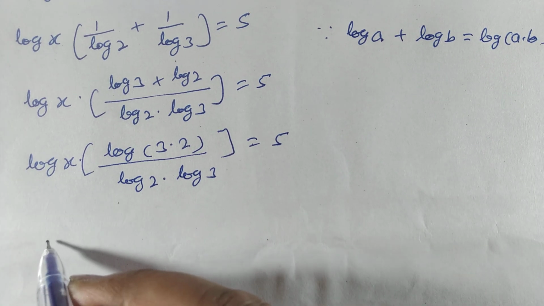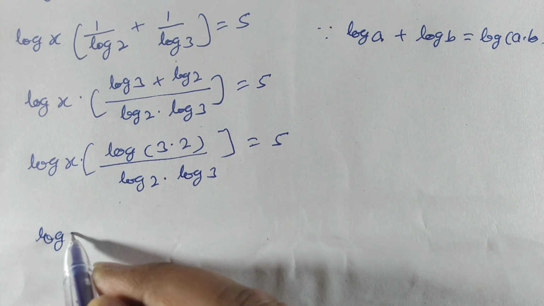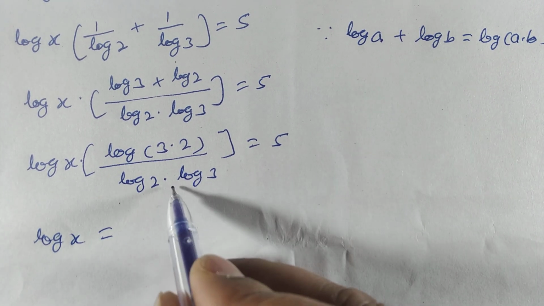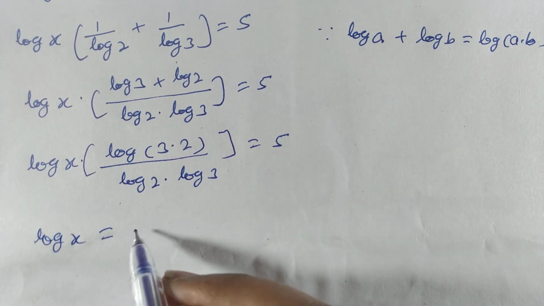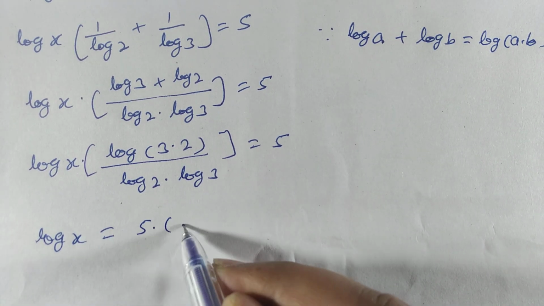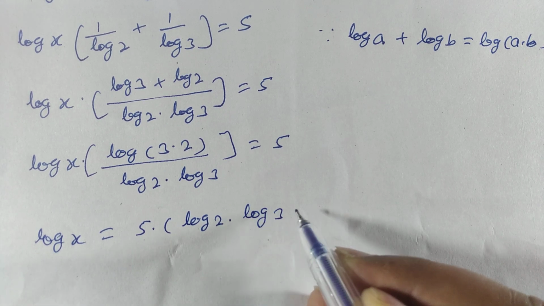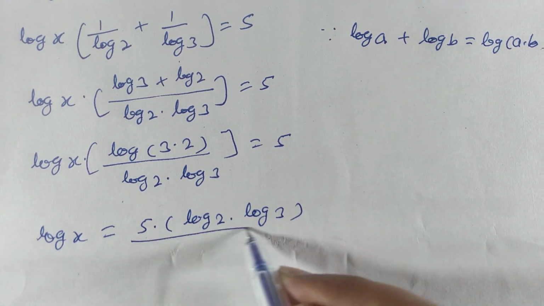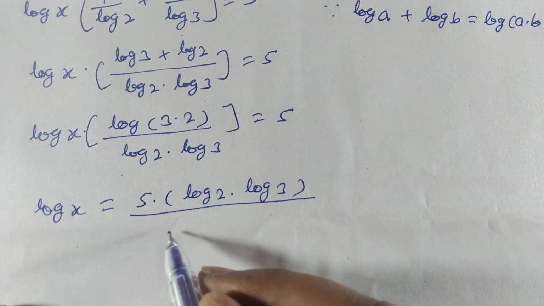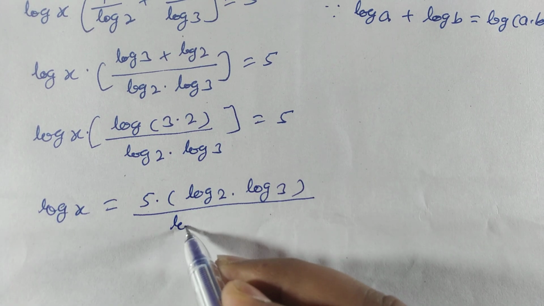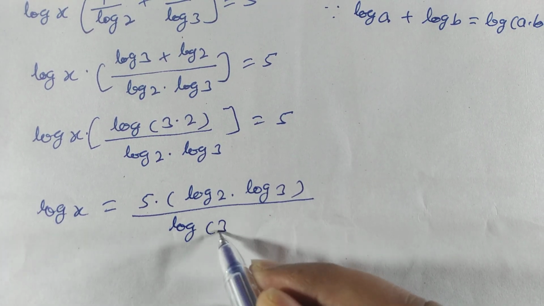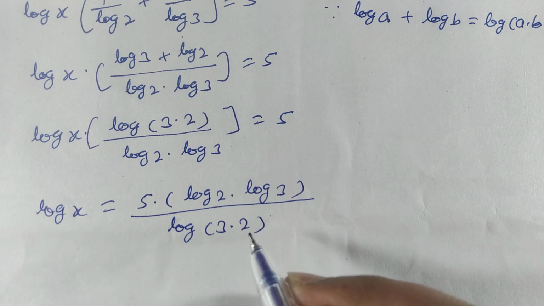Log x is equal to, multiplying in the numerator, 5 times log of 2 into log 3, over, multiplying in the denominator, log of 3 into 2.